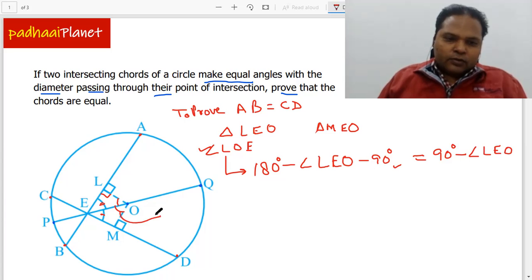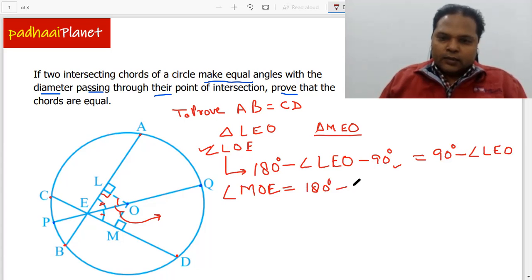Now let us work upon this angle, that is angle MOE, right? Let's examine the triangle MEO for this. This angle will be 180 degree minus angle MEO minus 90 degree, and that makes it 90 degree minus angle MEO, right?